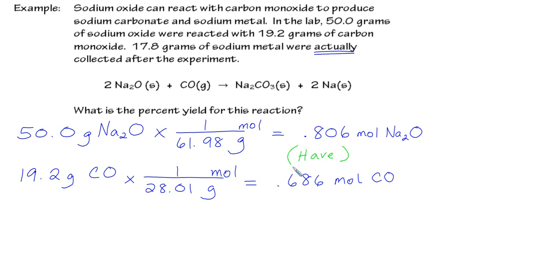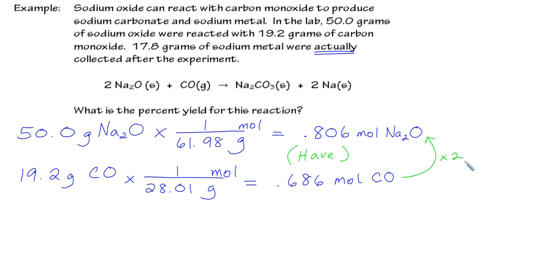This isn't a crazy ratio. I can use the ratio from the balanced equation as a 2 to 1. I'm supposed to have more sodium oxide. I'm supposed to have twice as much. So if I look at these quantities, I'm supposed to be able to multiply this by 2 and figure out the amount of sodium oxide I would need.